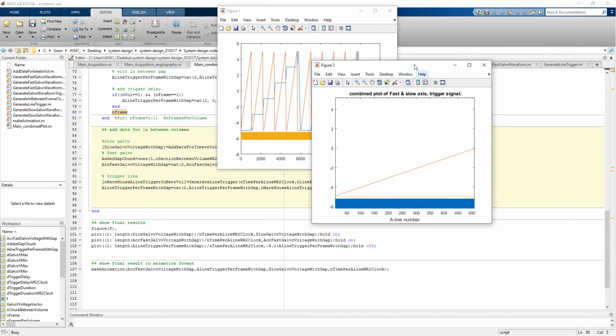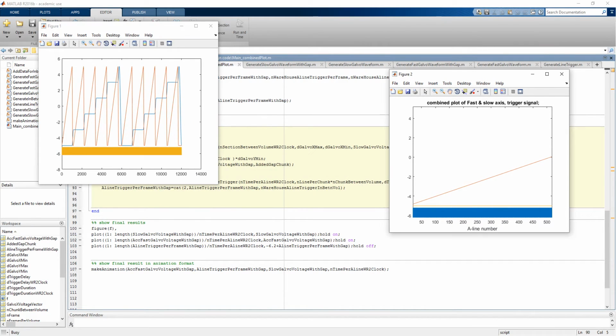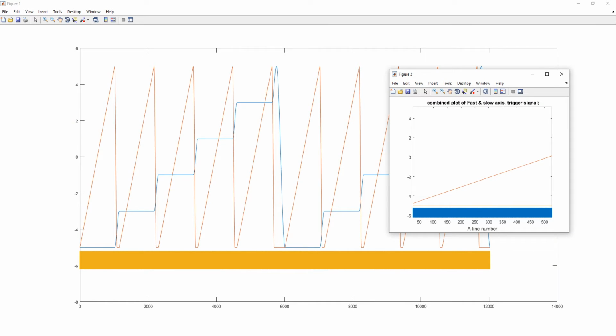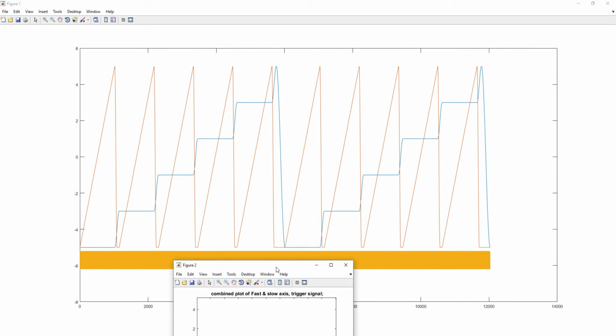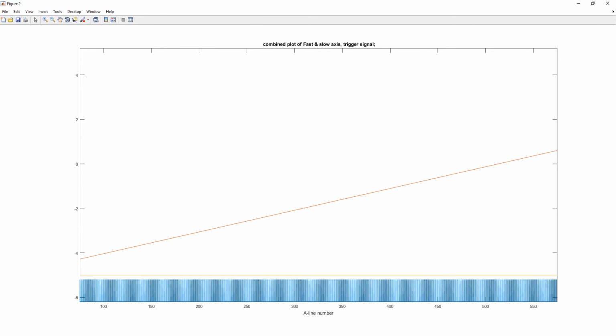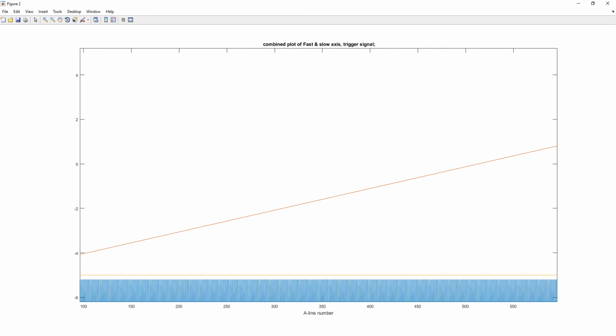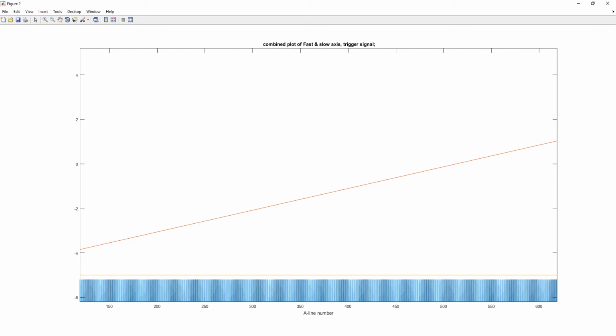This is the final result for the five frames, and this is the animation. We are showing 500 points. This is the triggering point. You can see the galvo voltage. This is the slow axis, and this is the fast axis.